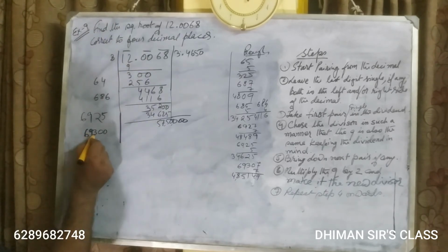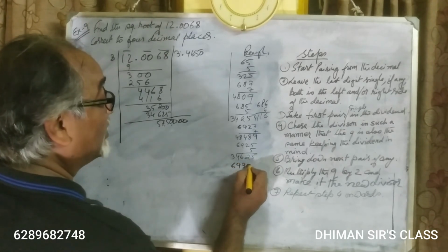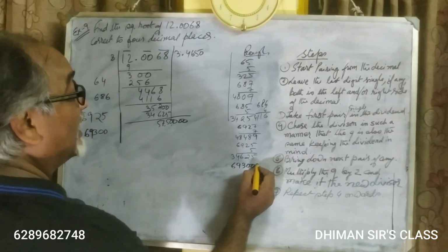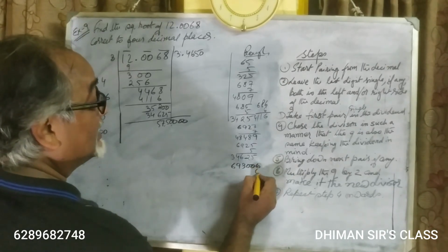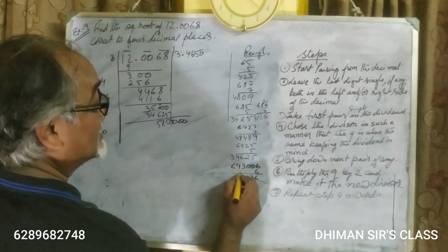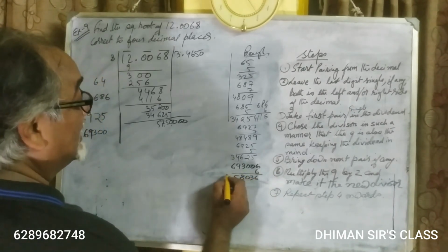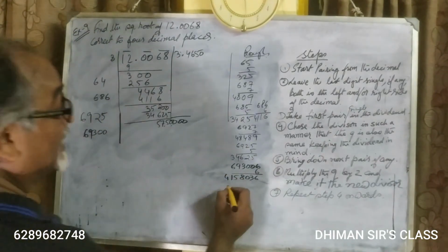So 69300. This is 69300. 5. 6. 6 6 are 36, 0, 6 3 are 18, 6 9 are 54, 55, 36 plus 5, 41. So it's smaller.